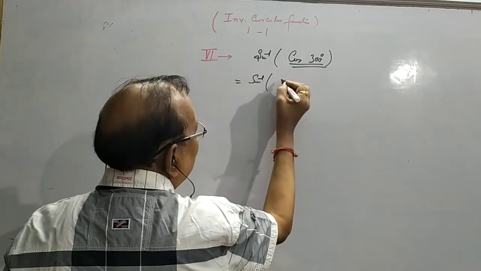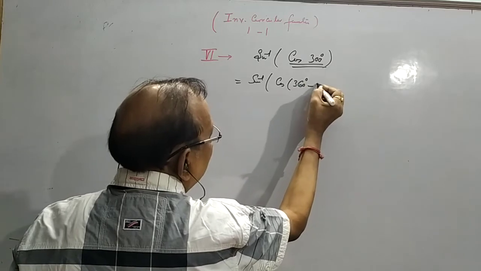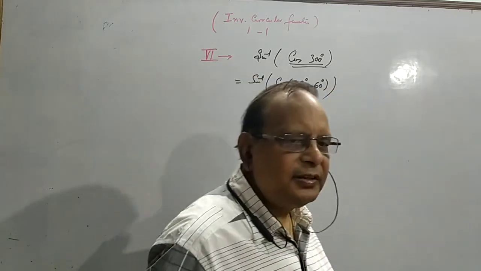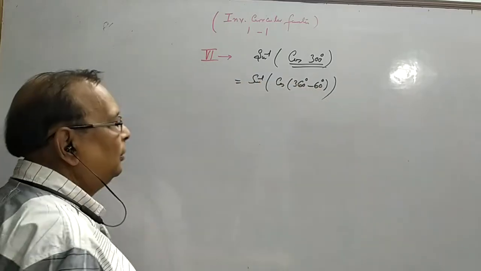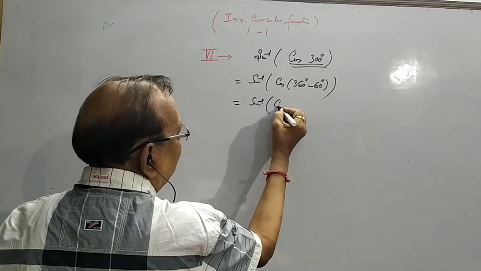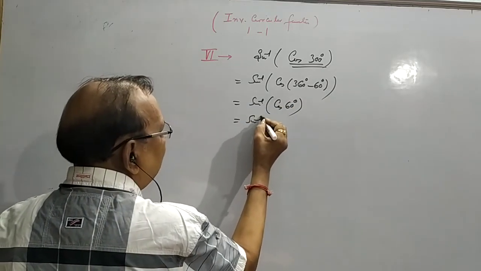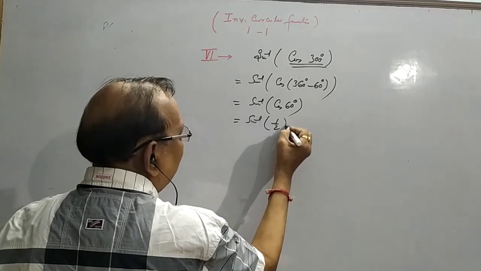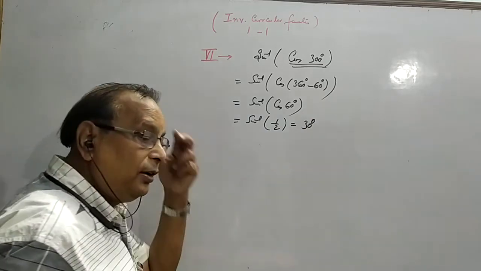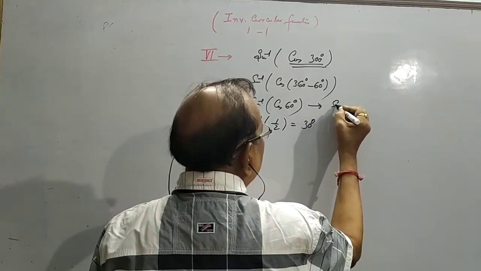Cos 300 means cos of 360 degree minus 60 degree. That is, cos (360 minus theta) is equal to cos theta, so it is sine inverse cos 60 degree, which is sine inverse half, that is equal to 30 degree, right?